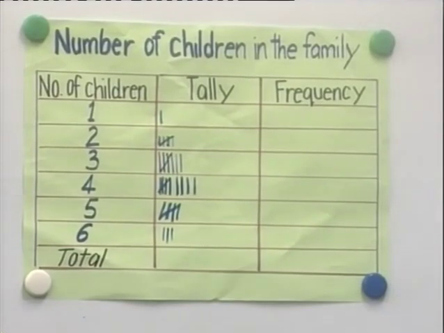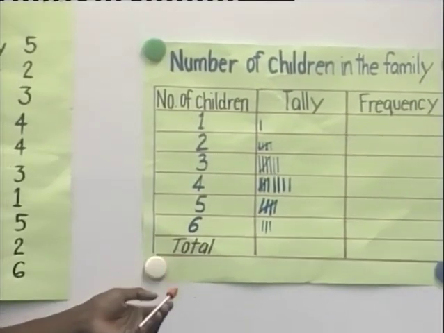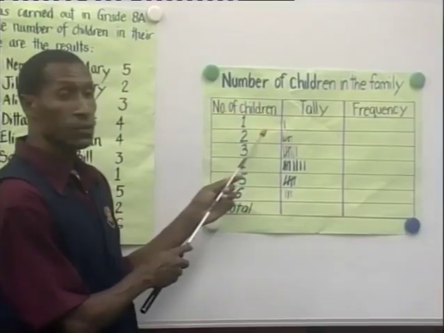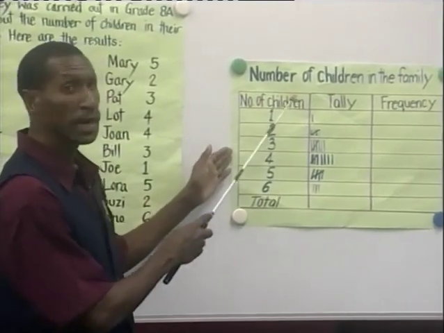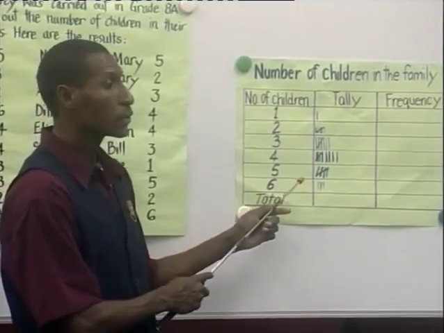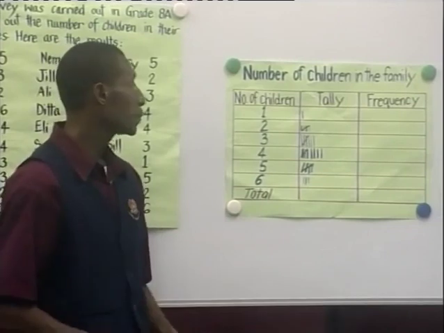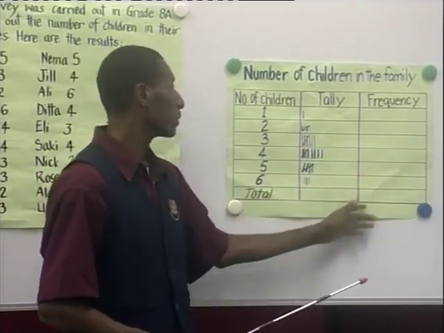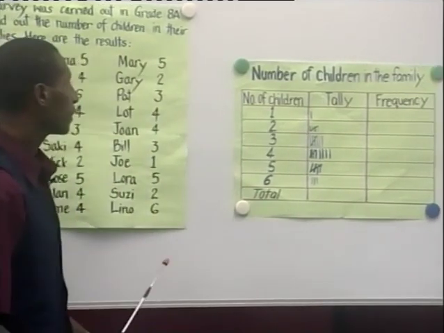Thank you, Christina. Okay, now we will fill in the frequency table. As you can see from this table here, the tally column has already been filled. So I will again ask the students who were writing the tally to fill in the frequency table. Okay, let's have the first one.